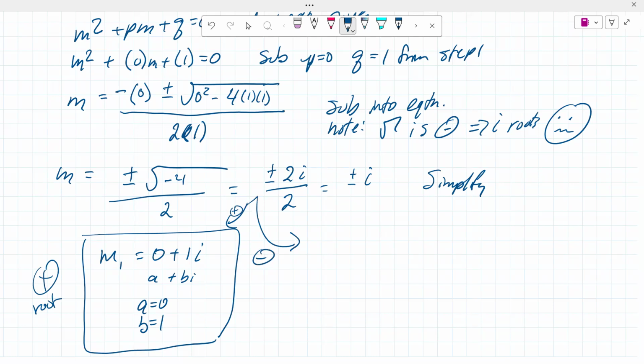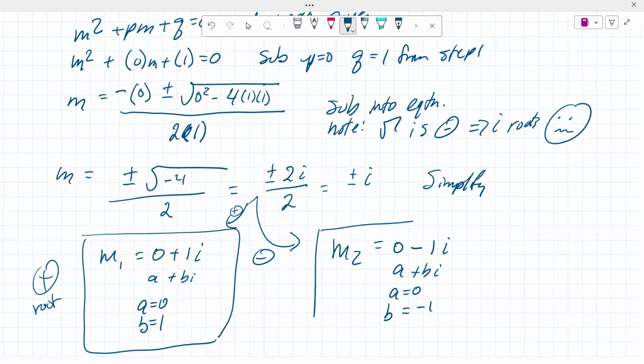So let's do m2 equals 0 minus 1i. So we have a plus bi, a equals 0 and b equals negative 1. So this is our info from the second, negative root.